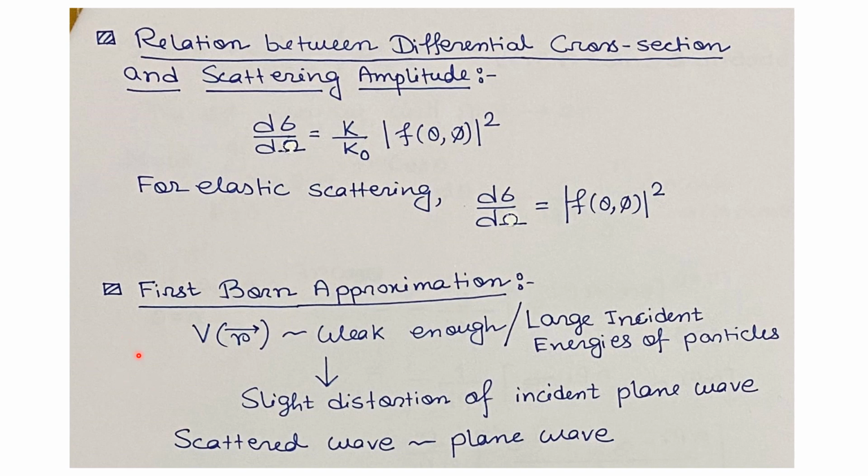This approximation tells us that if the scattering potential or the target potential V as a function of r vector is weak enough, or we can say the incident particle energies are large enough compared to the scattering potential, then there will be only a slight distortion of the incident plane wave. In such a case, we can approximate the scattered wave as a plane wave.